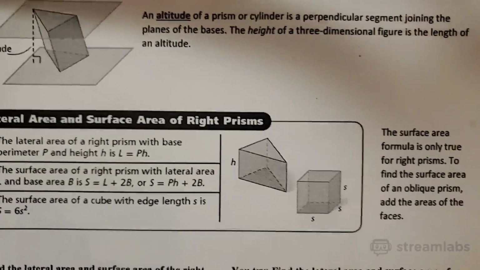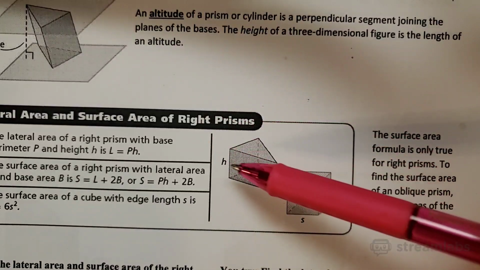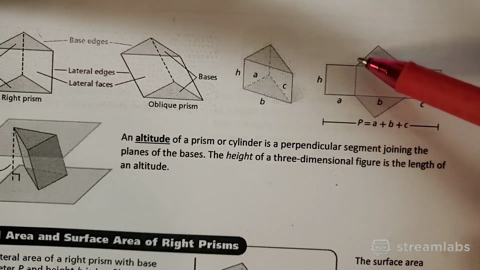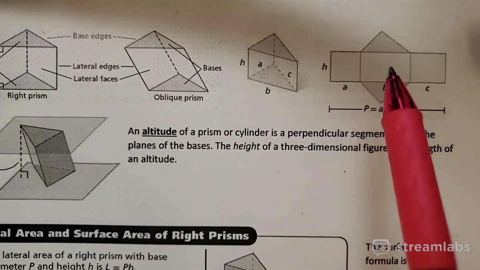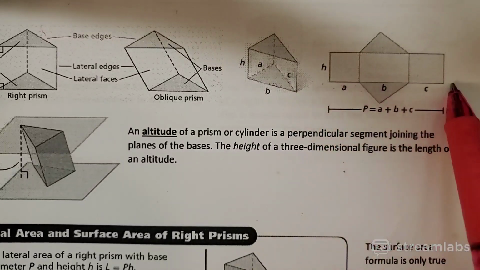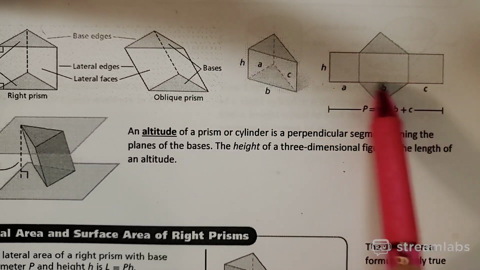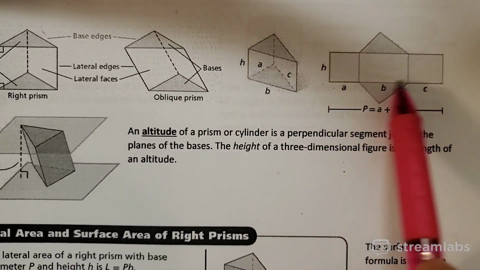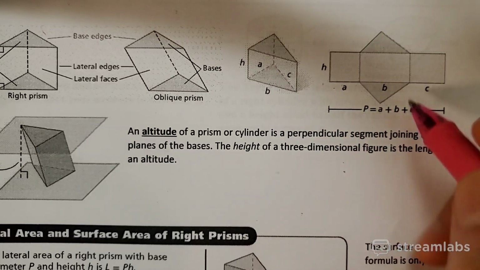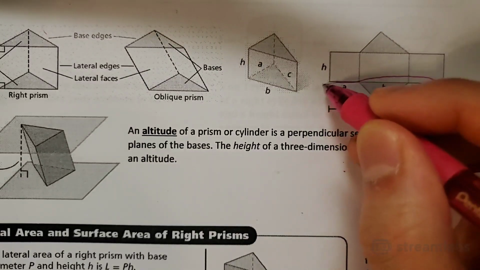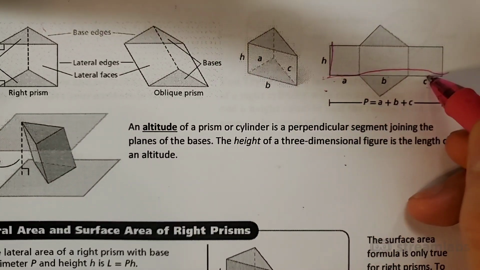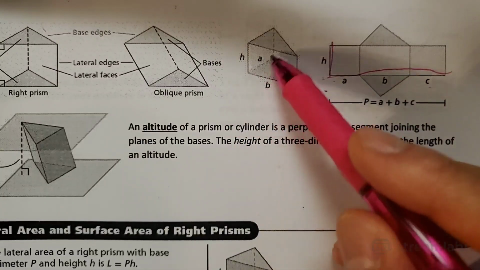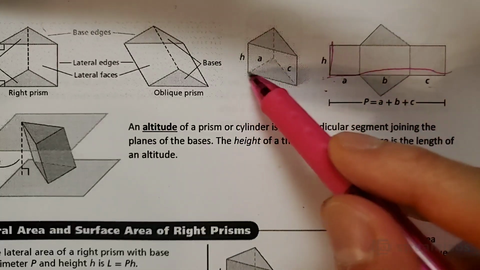Let's move on to calculation. When you calculate surface area, you have to always add up each area. So A, B, C here will form a larger rectangle. Obviously this will be a large base times height. The base will be A plus B plus C, but from the perspective of the prism, this is actually the perimeter of the base.